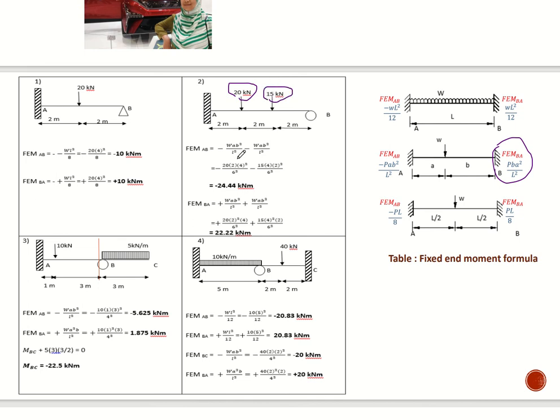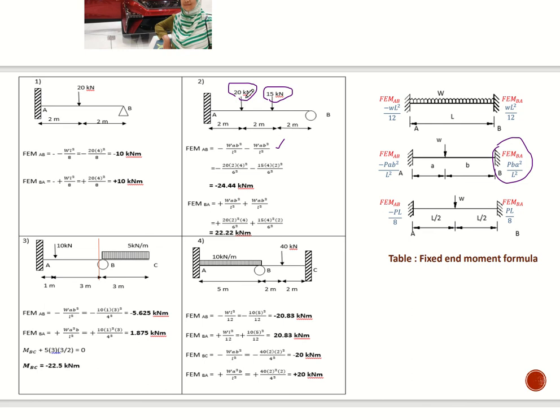So for the point loads not at the midpoint, with unequal lengths, we're going to use P 20 kilonewton and P 15 kilonewton. So we're going to use this formula two times.